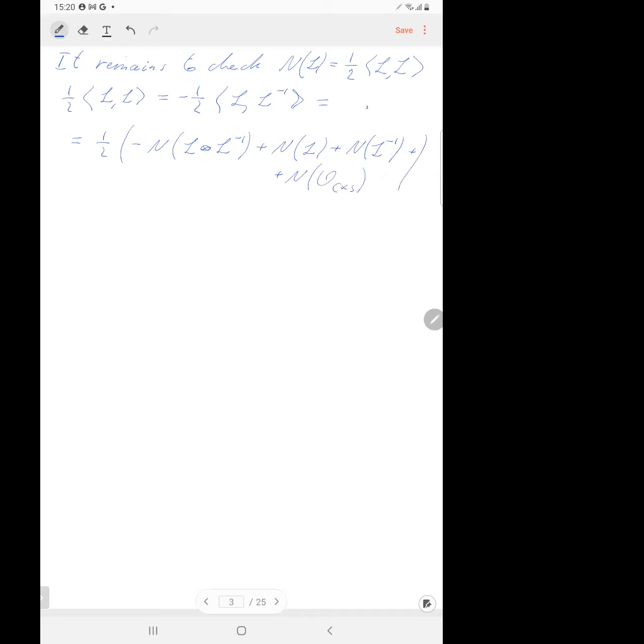Okay, and then you have plus n of structure sheaf minus n of structure sheaf. So what remains is just 1/2 of n of L plus n of L inverse.